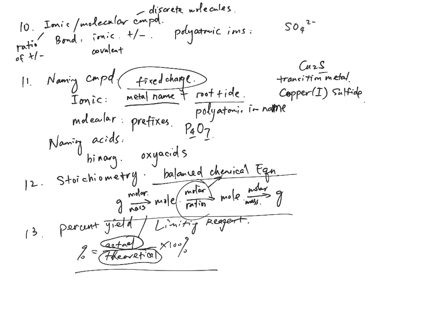And then limiting reagent. What's a limiting reagent? How do I know this is a limiting reagent problem? Okay, you are provided with amounts of more than one reactant, 1 or 2 or 3 or whatever.